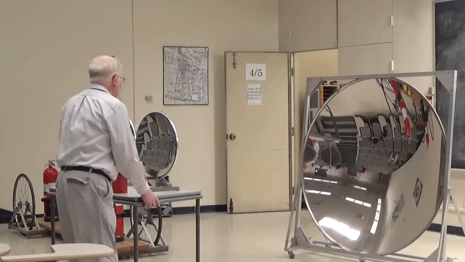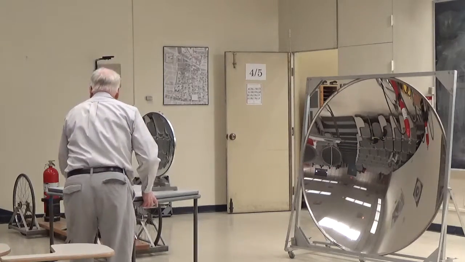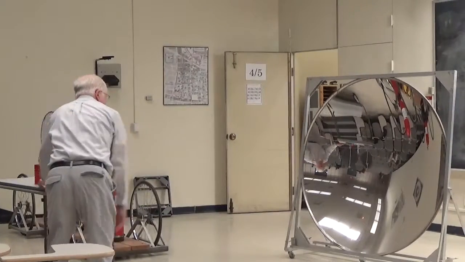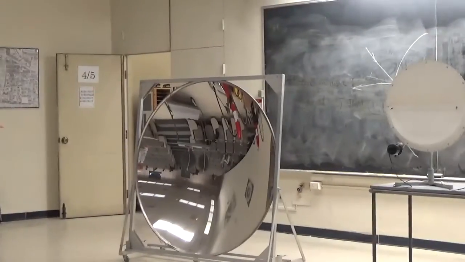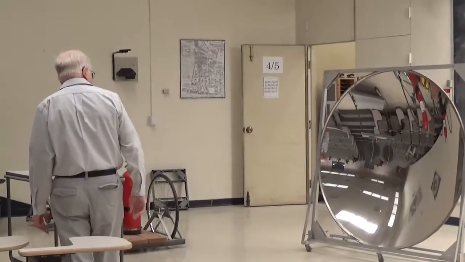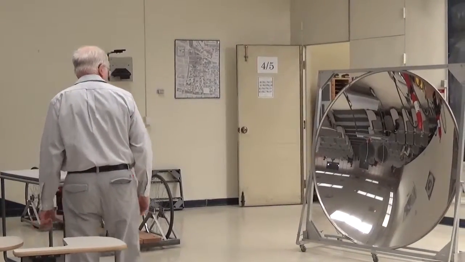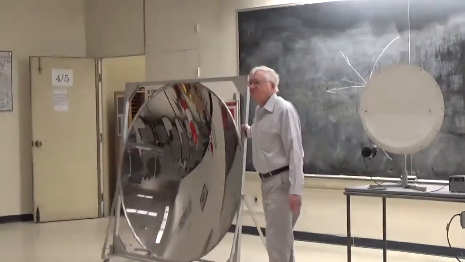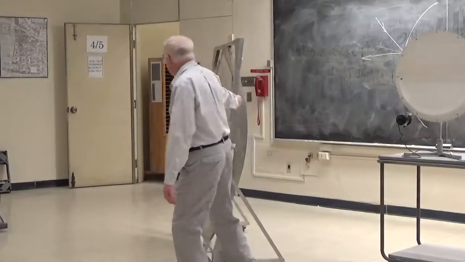The same thing is true of this big mirror. As I look at the big mirror, I'm upside down in the big mirror. And I think as you look at it, you're all upside down. I can move this a little bit closer.